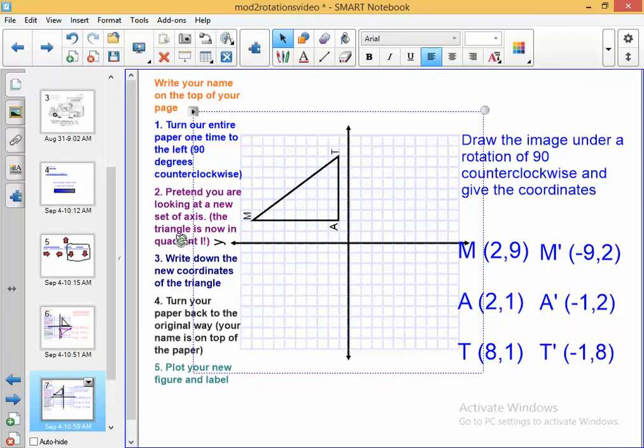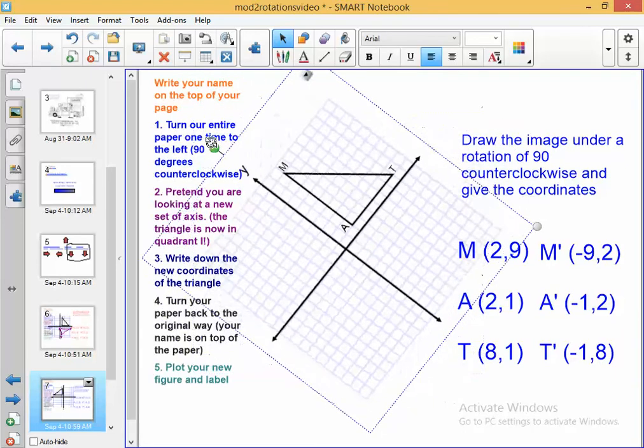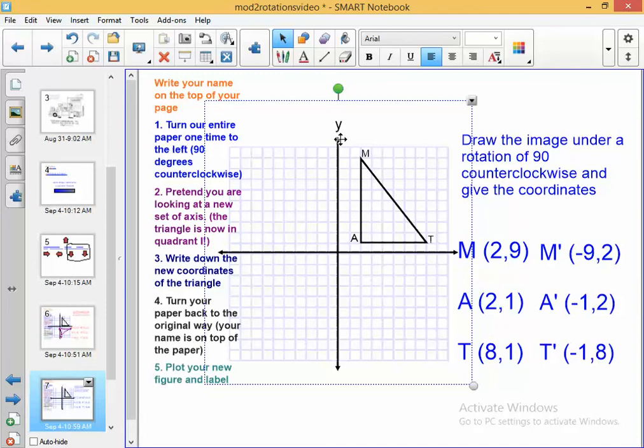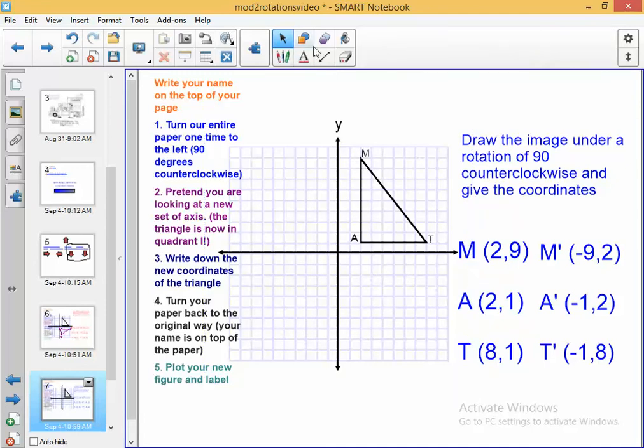Number 4 says turn your paper back to the original way, so your name is on the top. We're going to plot our figure and label. M is left 9, up 2. A is left 1, up 2. And T is left 1, up 8.